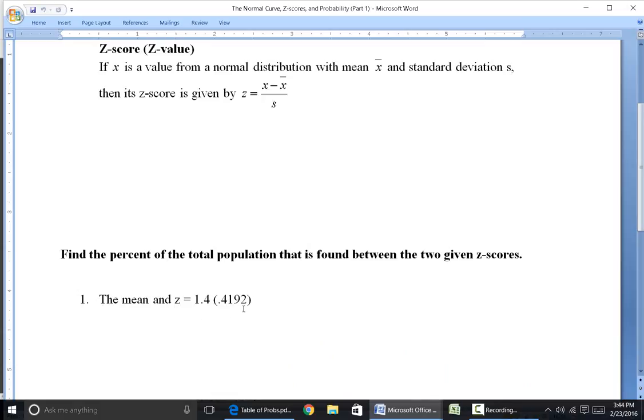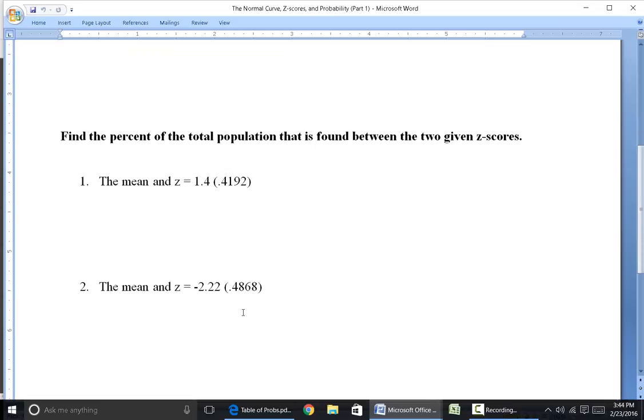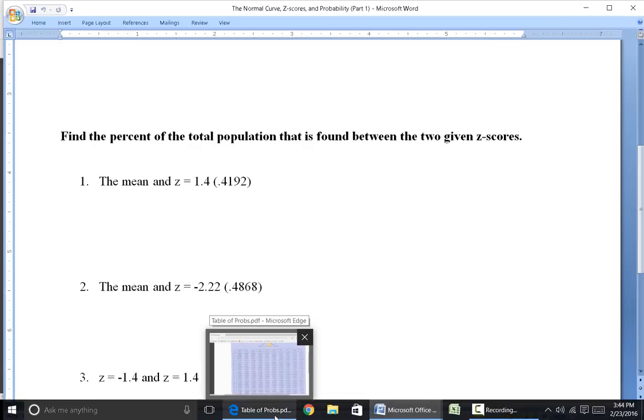Okay, the next one, I want to find the percent of the total population that is found between the two given z-values. In this case, the mean and a negative 2.22. Again, remember what I said, because it's negative, you can ignore it and just look at the positive on the curve. So it's 2.22.